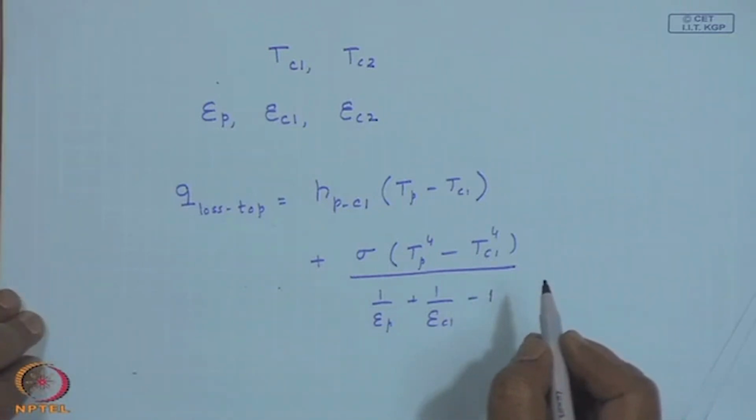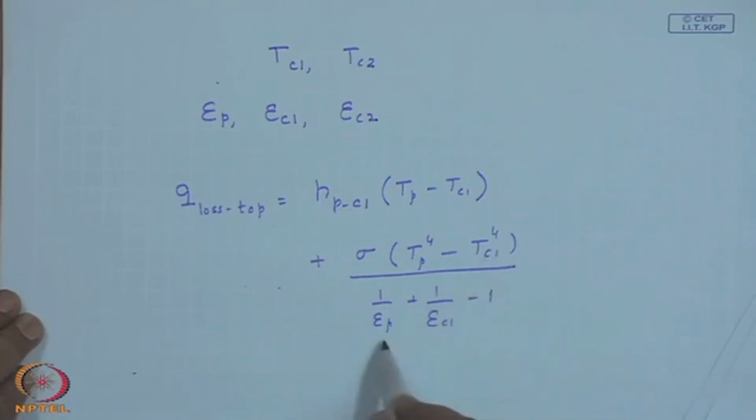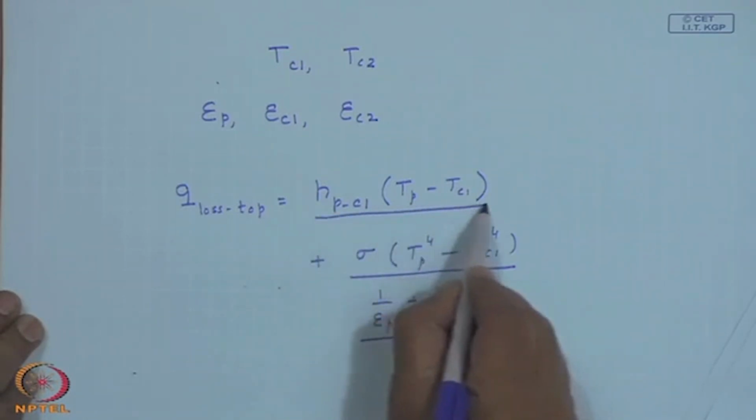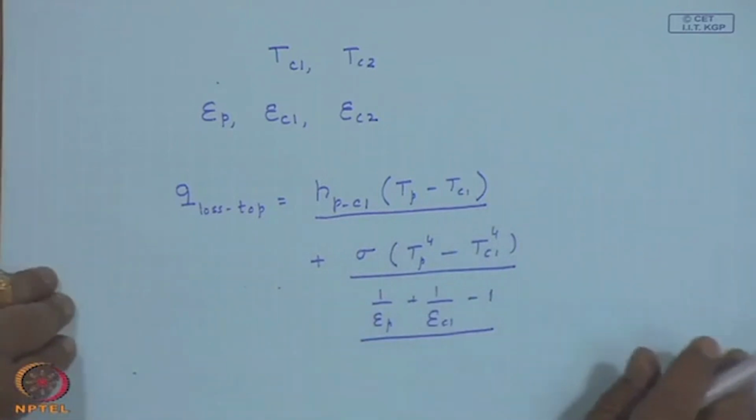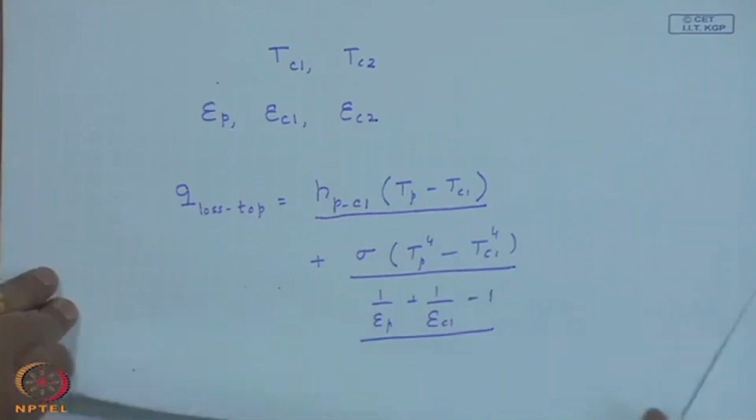So, we are treating them as infinite parallel plates at temperatures T p and T c 1, and the corresponding emissivities are epsilon p and epsilon c 1. So, this is the radiative loss and this is the convective loss. So, the same amount of loss should go from cover 1 to cover 2 and eventually to the ambient.